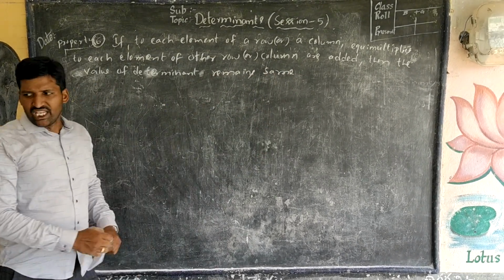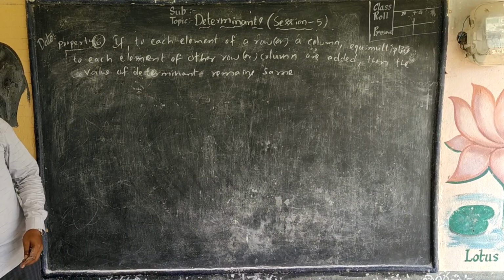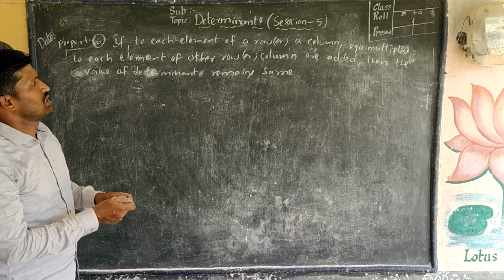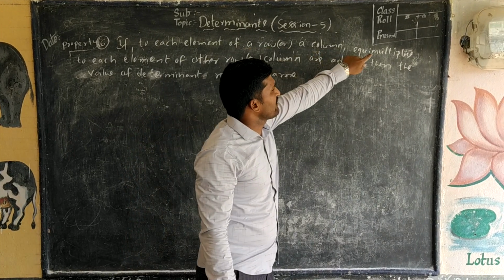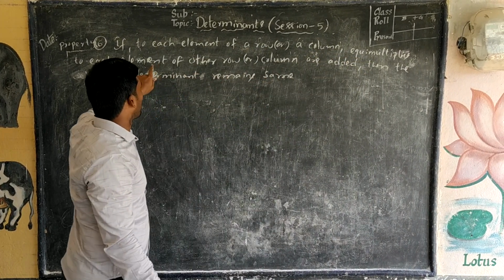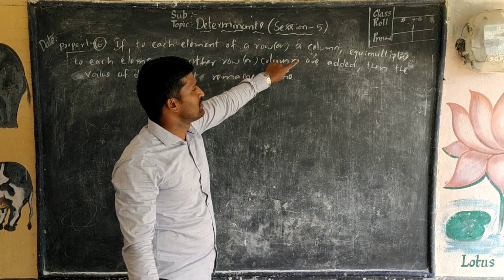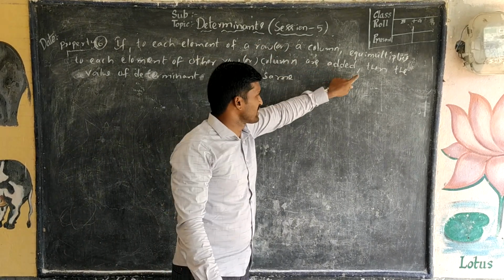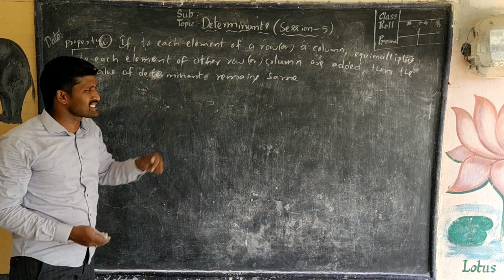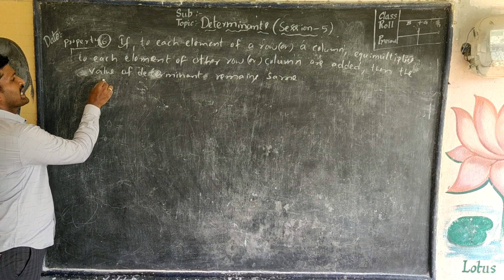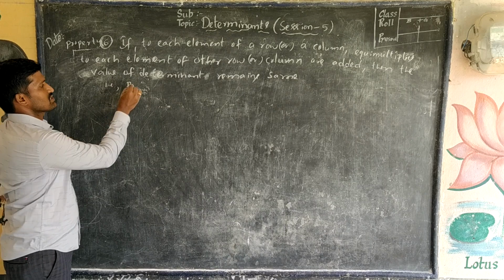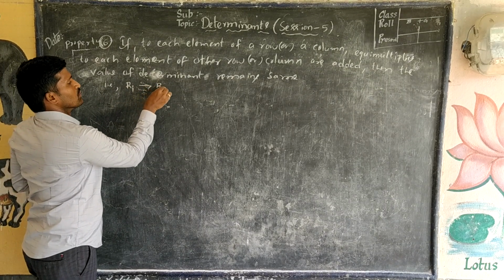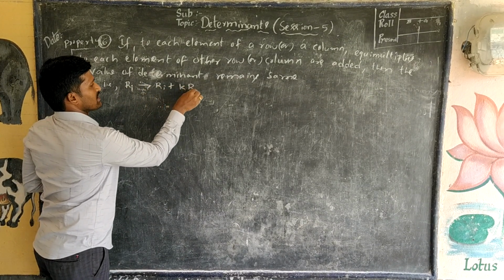That means we are adding any two rows or any two columns. If each element of a row or a column is equally multiplied, meaning any constant, and added to the other row or column, even then the value of determinant remains the same. That means we are applying row operations: Ri tends to Ri plus K into Rj.